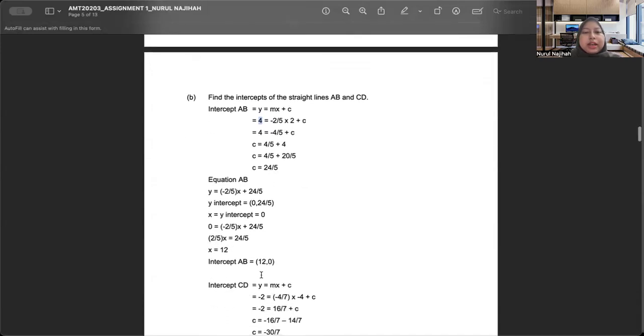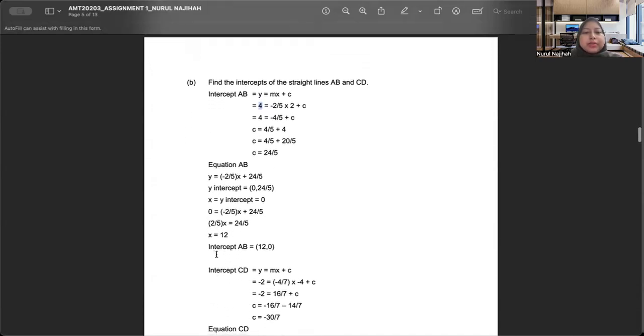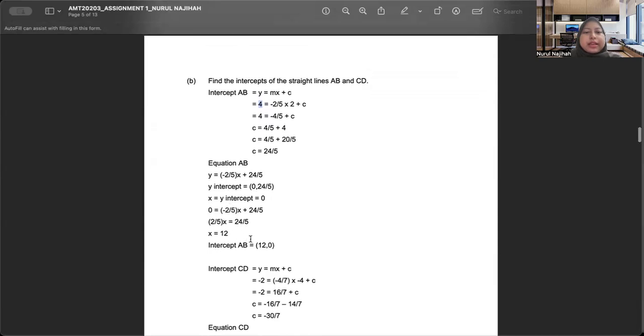To calculate the intercept coordinate, we use the equation y equals mx plus c with this c. For the x-intercept, y is 0.